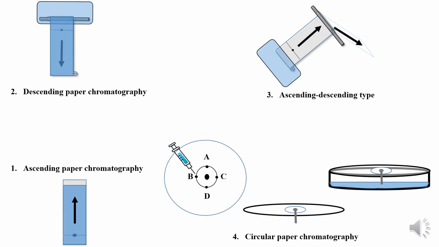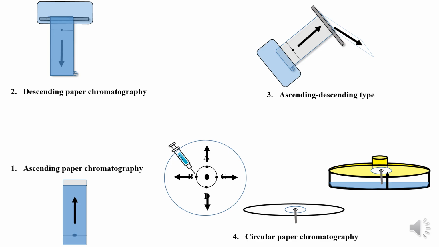Now place the prepared Whatman paper along with the wick in the petri plate, and make sure that when you introduce the Whatman paper, the lower end of the wick immerses into the mobile phase. Then close the petri plate, and by capillary action the mobile phase, that is the solvent, travels up the wick, and when the solvent touches the circular Whatman paper, it flows uniformly in all directions.